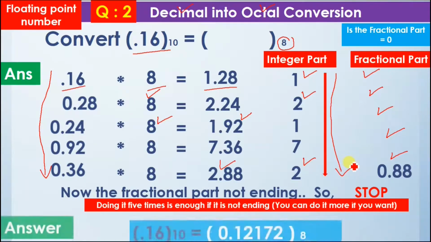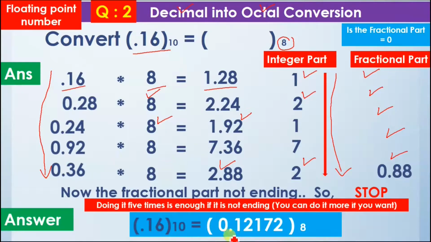The decimal point will maintain its position, so the answer is 0.12172 in octal. This is how we can solve question number 2.